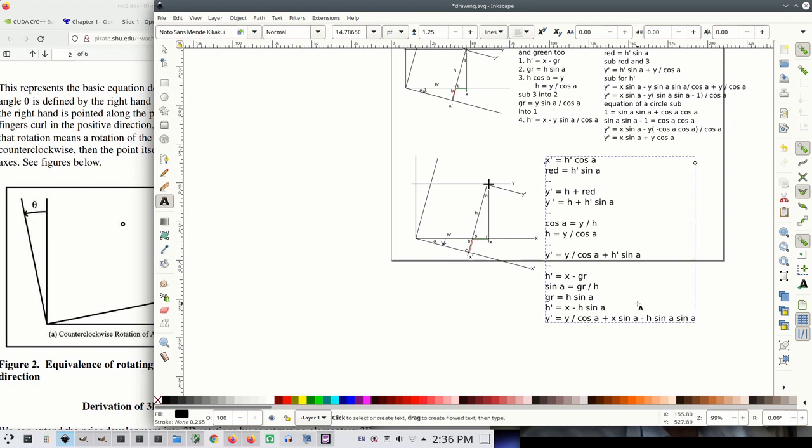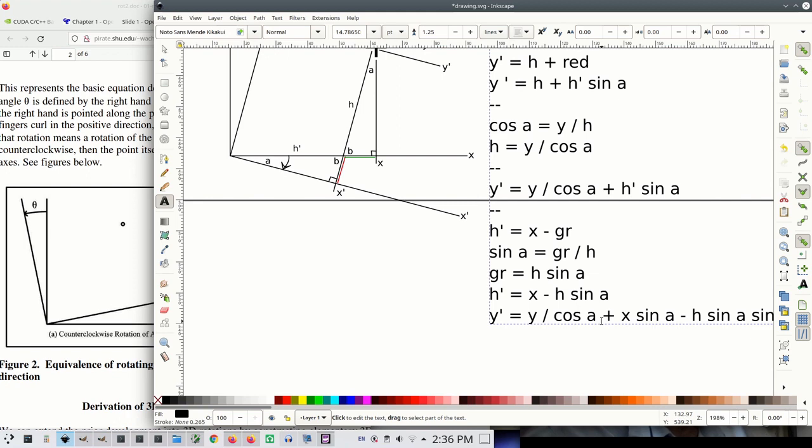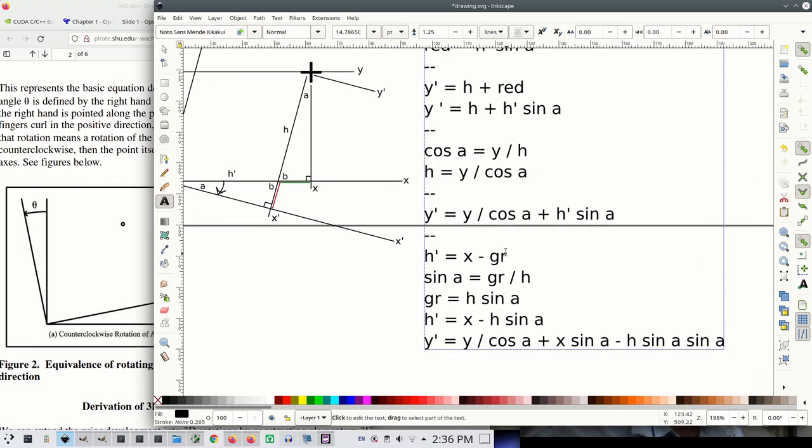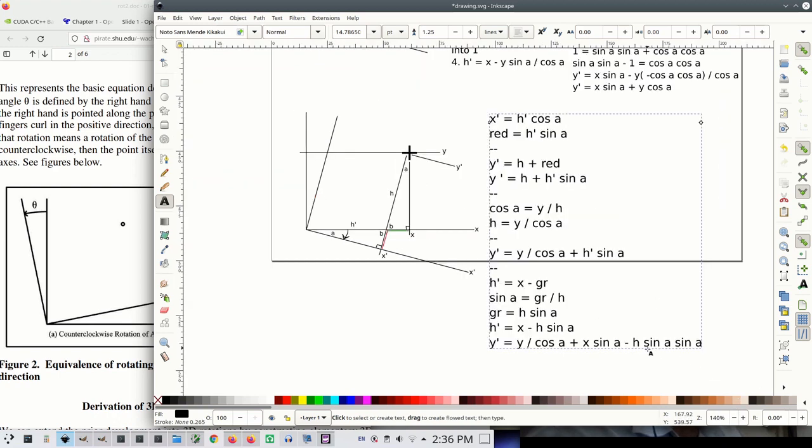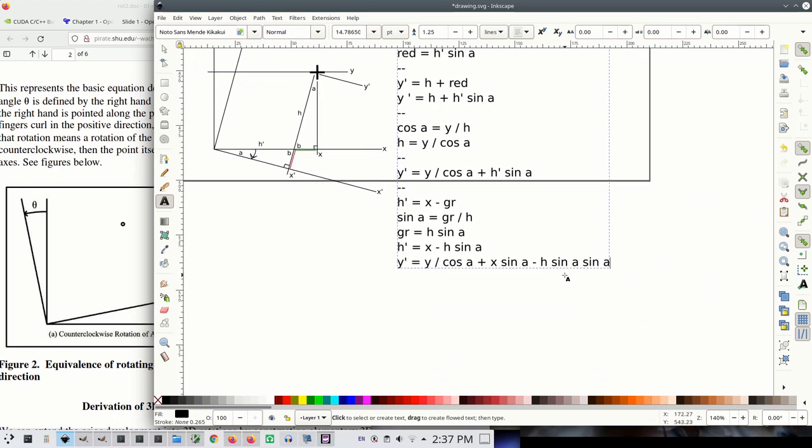Where did I make a mistake? Okay, so y prime equals y cos a plus h, which is x sine a minus h sine a sine a. It looks right then. I didn't make a mistake. I don't know. It looks weird to me.